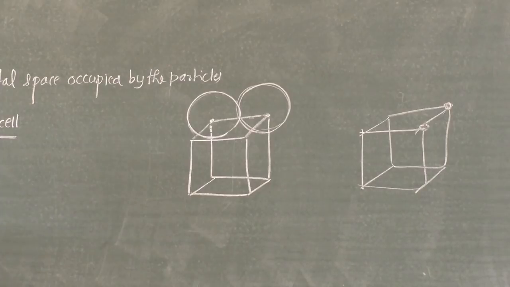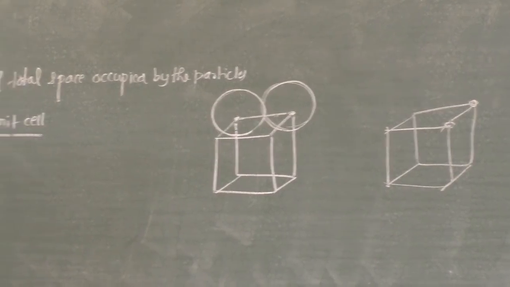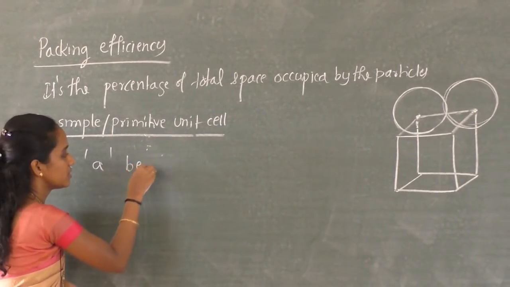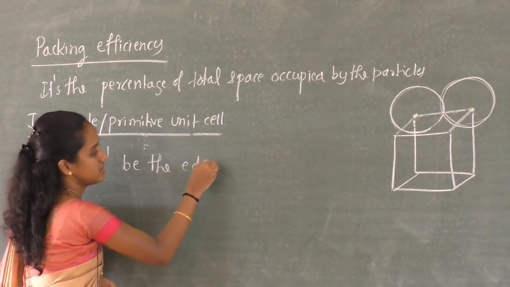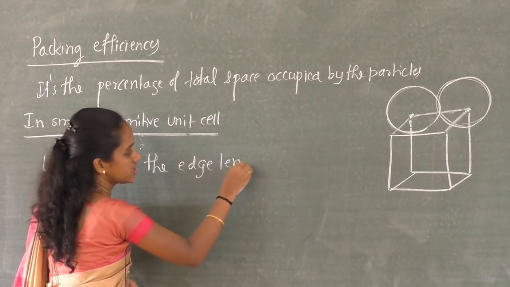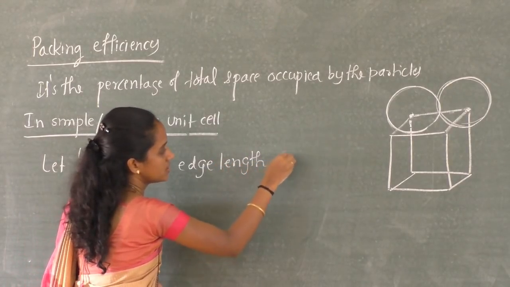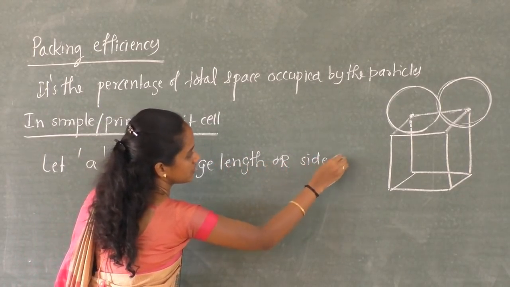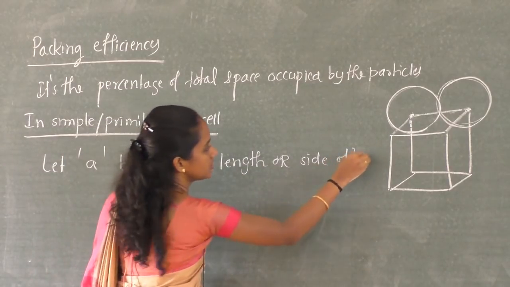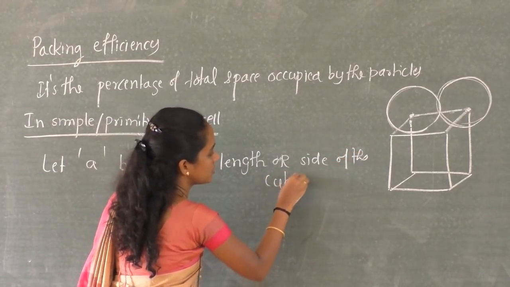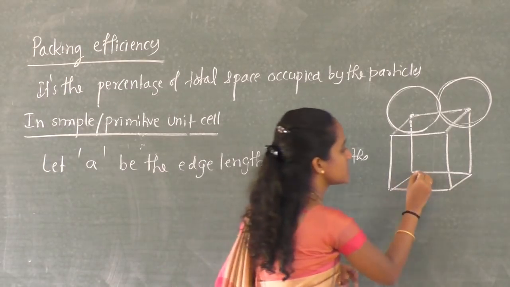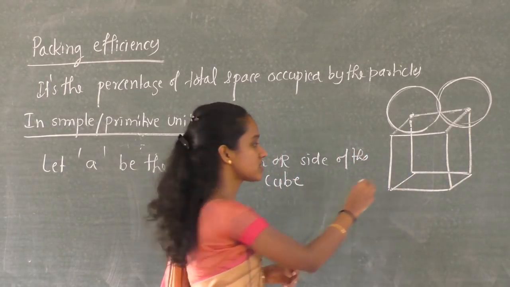So now let small letter A be the edge length or side of the cube. You can see here there are 12 edges.